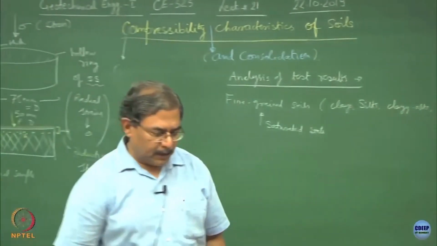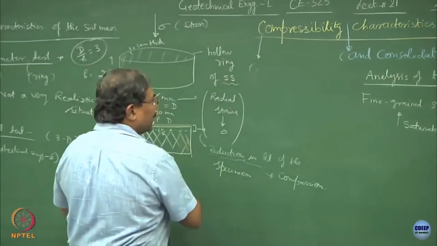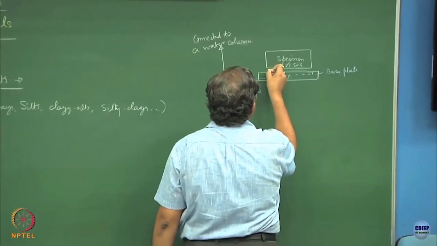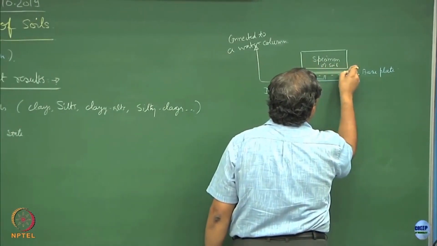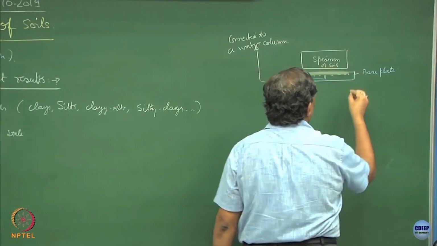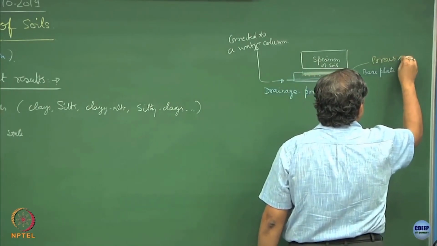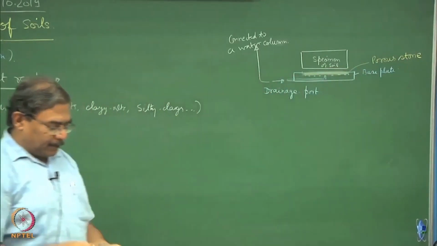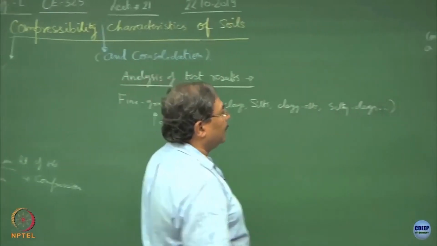In order to spread the load which is coming on the sample, we put it on porous stones. So, we place porous stones in this groove. This is the porous stone, and one similar porous stone is kept on the top of the specimen which is contained in the ring.